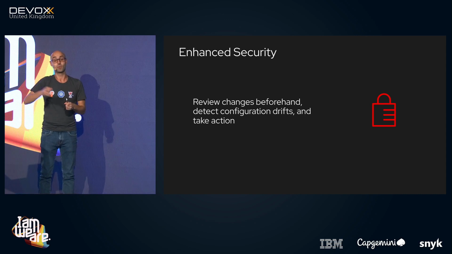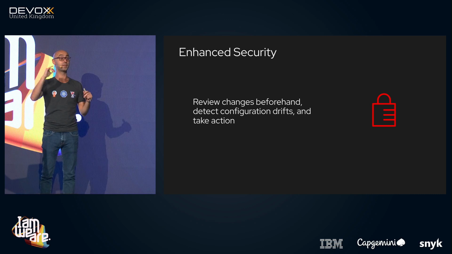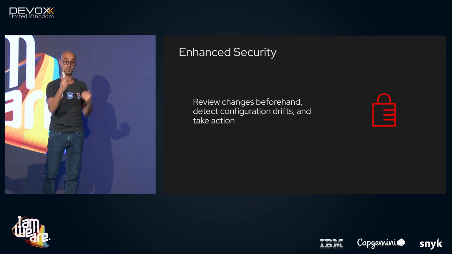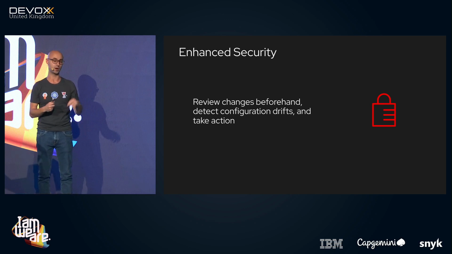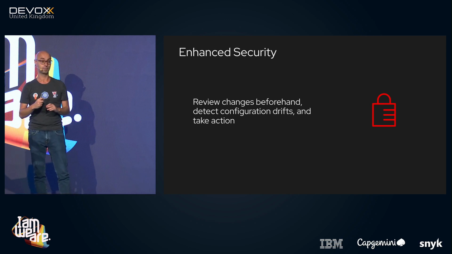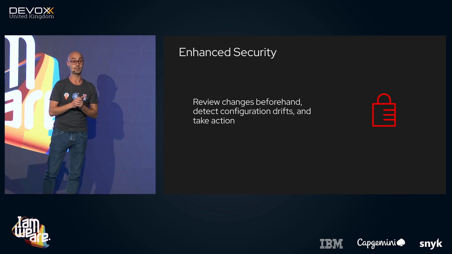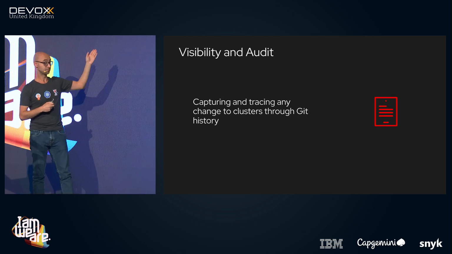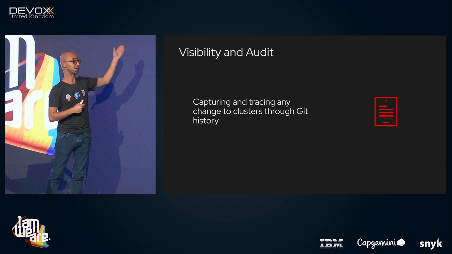Suppose that one developer sends a pull request saying, I want to update the PostgreSQL version from 9 to 10. Someone can review it and say, no, we cannot go to 10 because there is some backward compatibility problem or there are security issues. And finally, there's great visibility and audit.